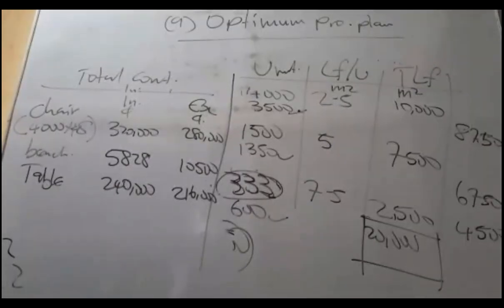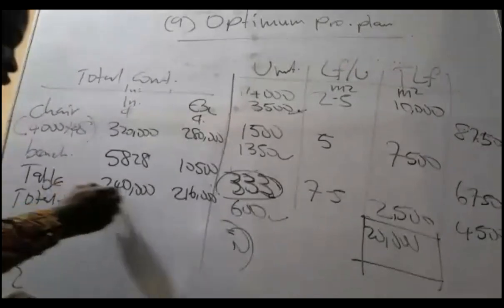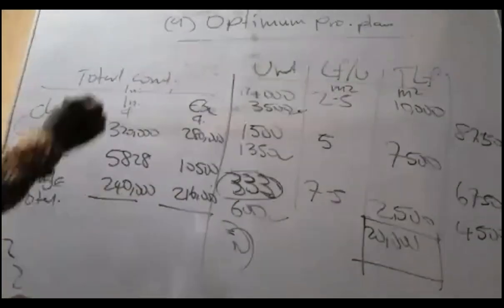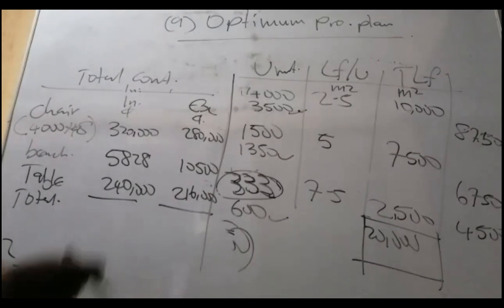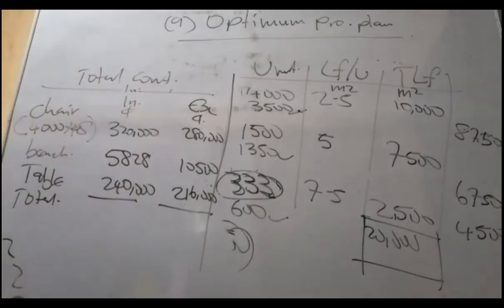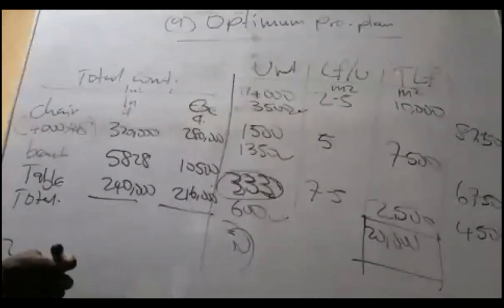So now let's see the total. Let's total them. Definitely the inclusive will score more than the exclusive. But let's see.